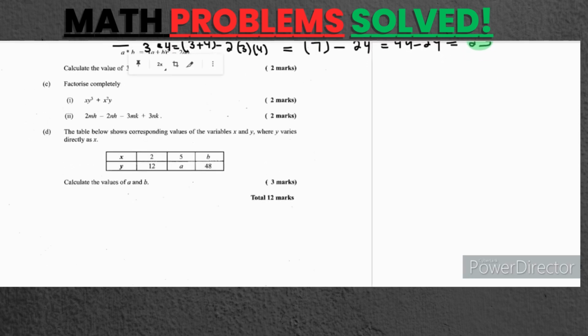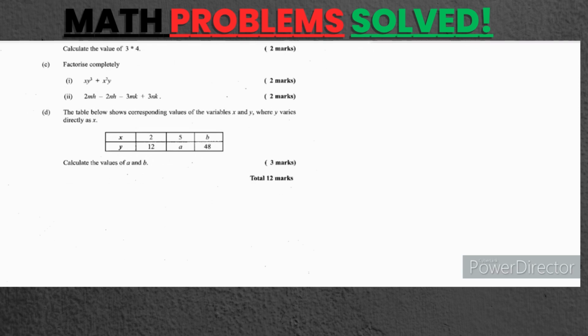What it says, factorize completely. We have to factorize these two parts. The first part says xy to the power of 3 plus x squared y. So if I write the expression here, it's xy to the power of 3 plus x squared y, right?